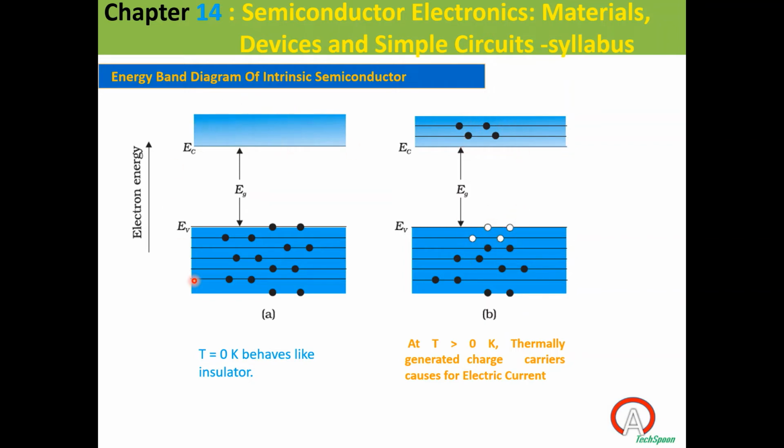So are you able to differentiate these two figures? This is at low temperature, and this is when the temperature is greater than 0 Kelvin. Any doubt? What I explained previously with three different diagrams of crystals, here I am representing with the energy band diagram.